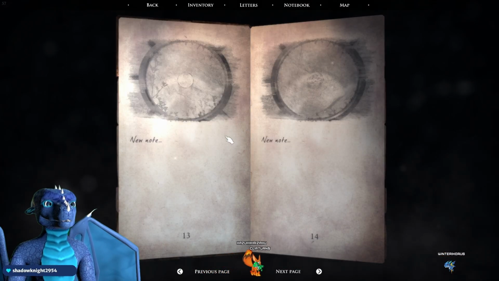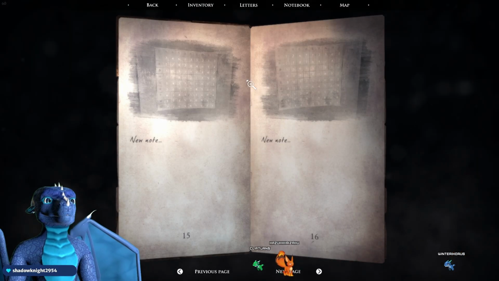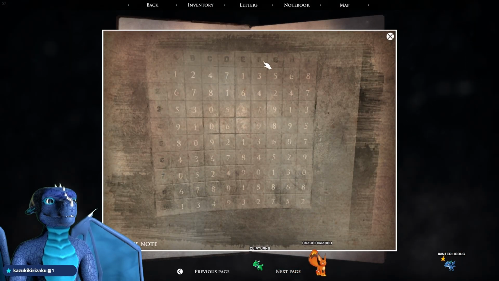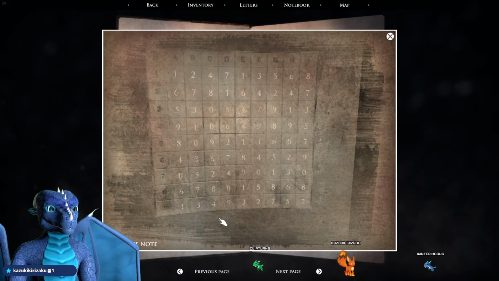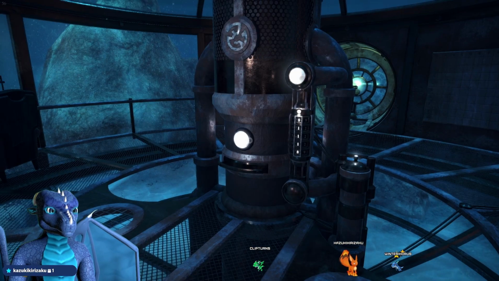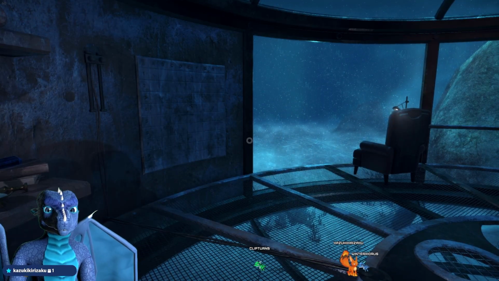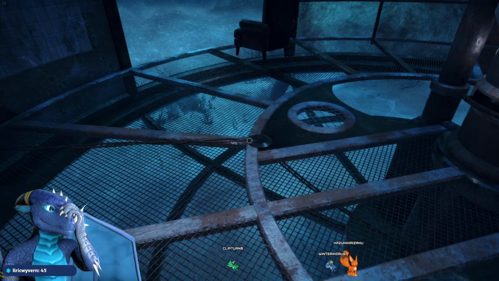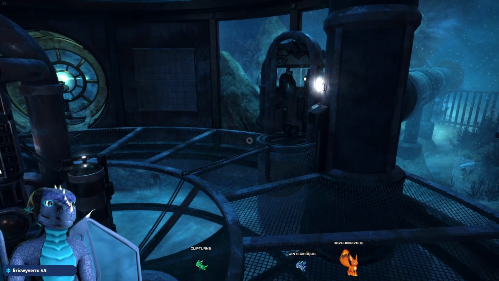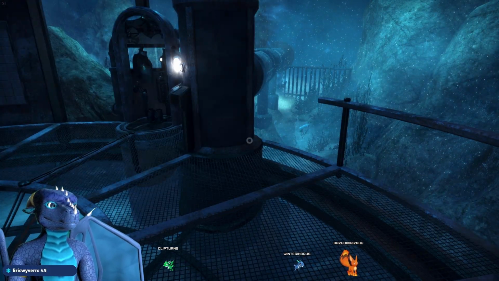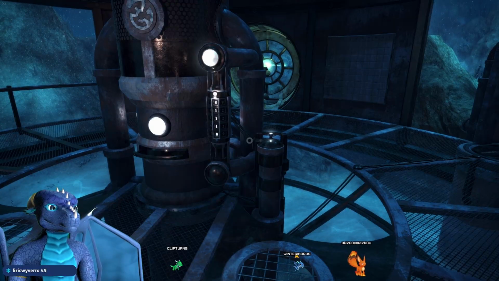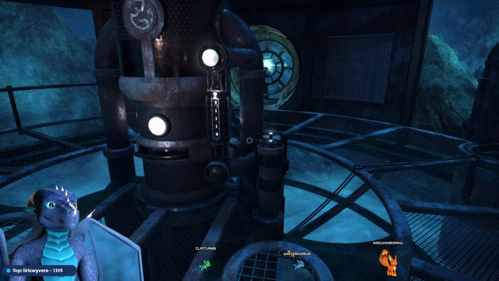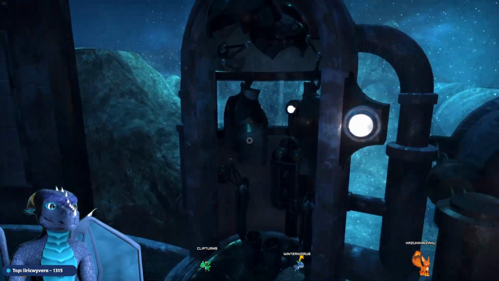On graph 2, F1? F1 is 3. This is only going to give me 3 digits. I'm missing some out there, aren't I? I'm missing some out there.